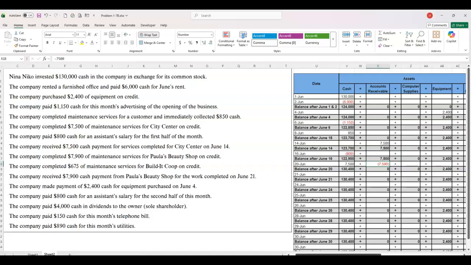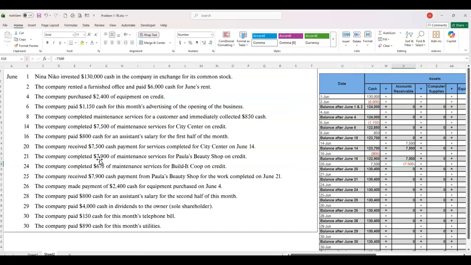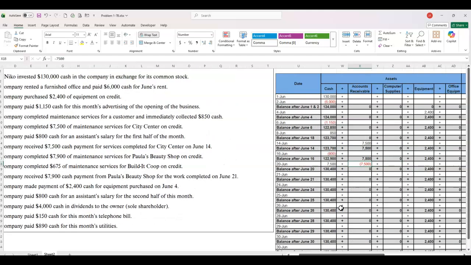On the 21st, the company completed $7,900 worth of maintenance services on credit. So we've done that before. Here it is. This is what we did over here a minute ago, where we earned $7,500 and we put it in accounts receivable and in revenue. So we're going to do the same thing.